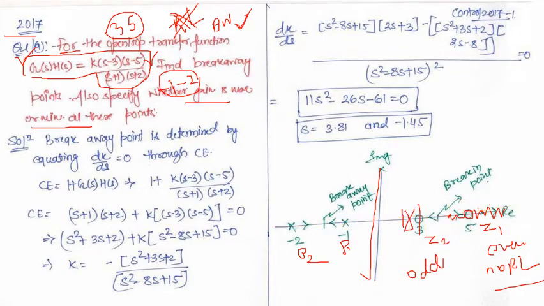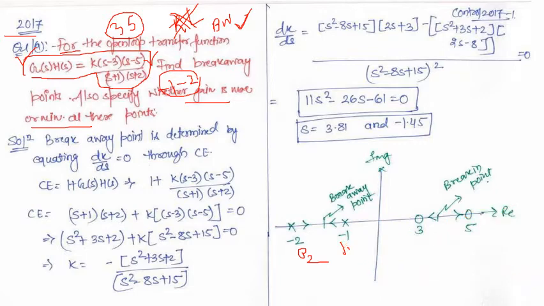Now, you need to recall that the root locus always terminates at, or ends at, zeros. Okay, the root locus always terminates at zeros.